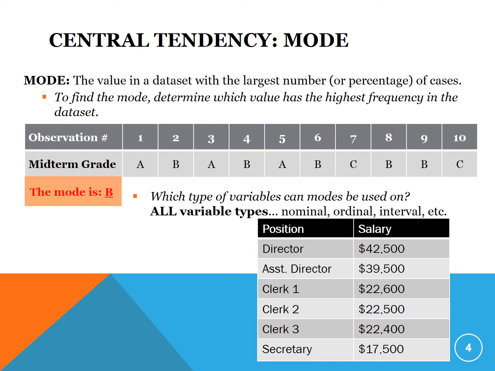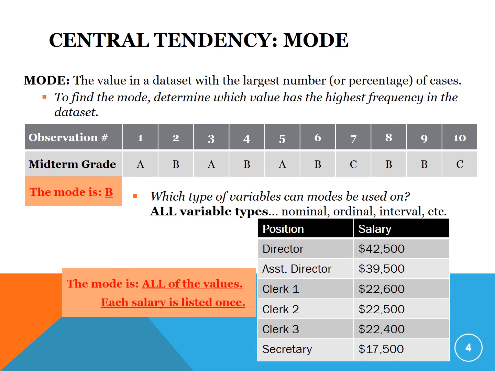Well, they all appear the same number of times. 42,500 appears just once, and all of them appear just once. So our answer here is, we can say all of the values are modes, or we honestly could say none of the values are modes, right? However you want to look at it, half full or half empty cup, right? Each salary is listed here once.